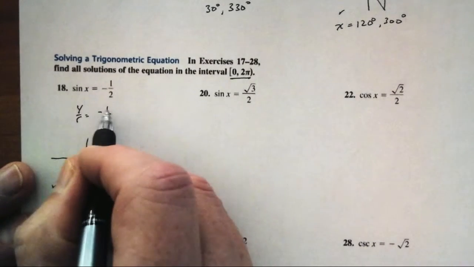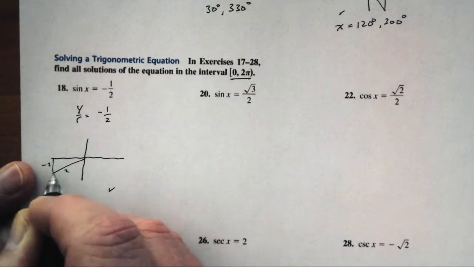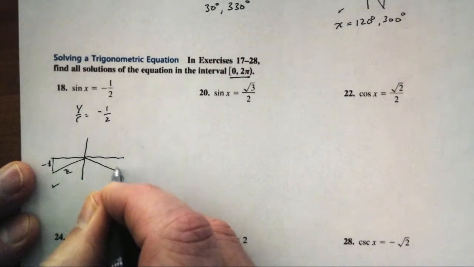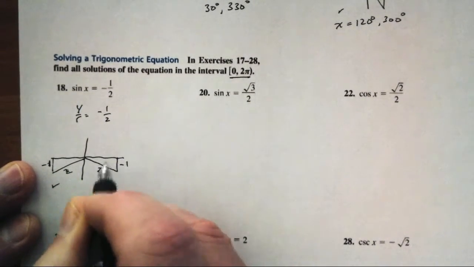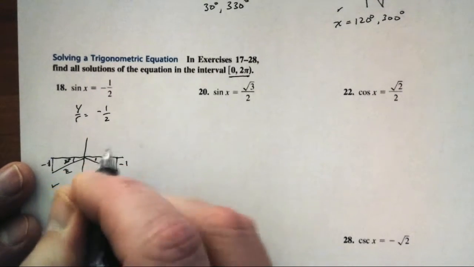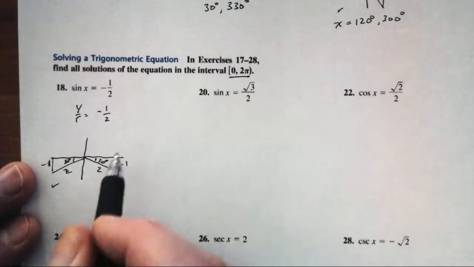So short y value. So maybe something like this, -1 and 2, -1, 2, y to r, 30, 30. But those are degrees, so we have to be talking in radians first, and we can only go forward.